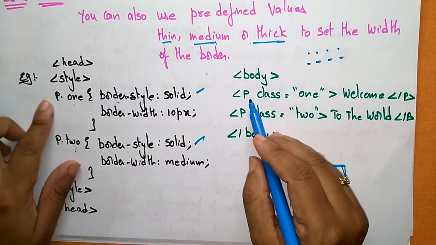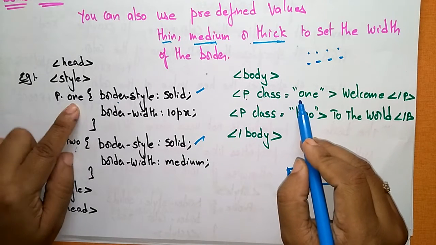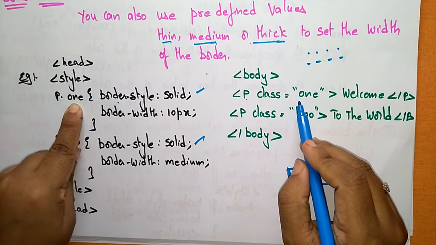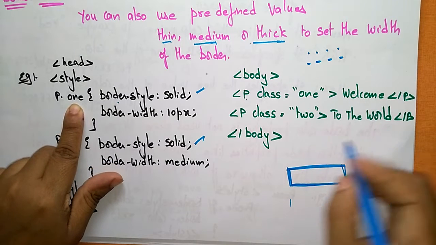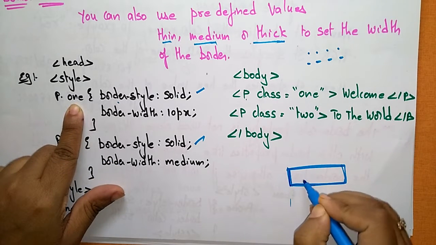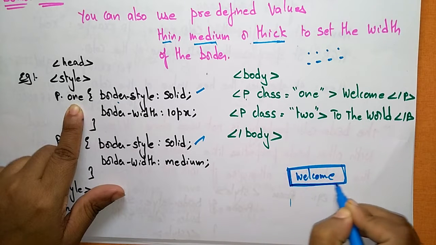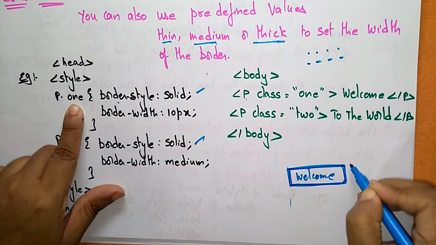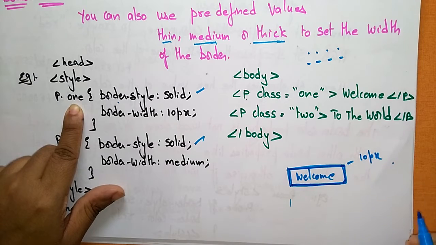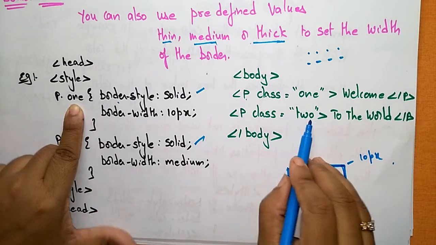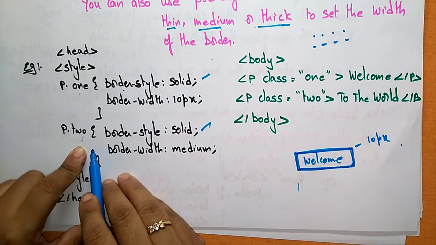Now in the body, p class is equal to 1, just calling this style. That is a welcome message. The welcome message will be printed with the border style solid, with the solid size of 10 pixels. Next, p class 2, just calling this style.